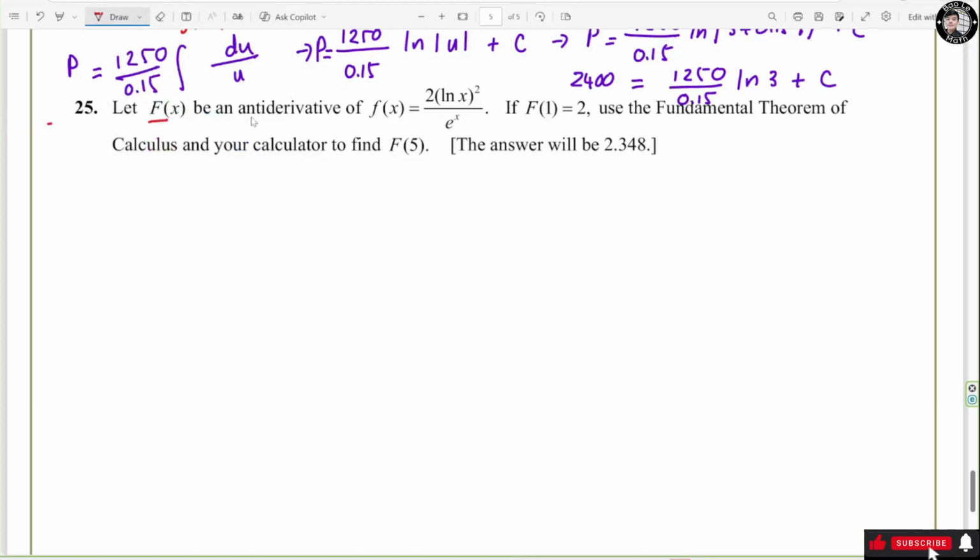Let F of s be an antiderivative of f of s, and F of 1 equals 2. Use the fundamental theorem of calculus and your calculator to find F of 5. Alright, so we have the integral from 1 to 5.